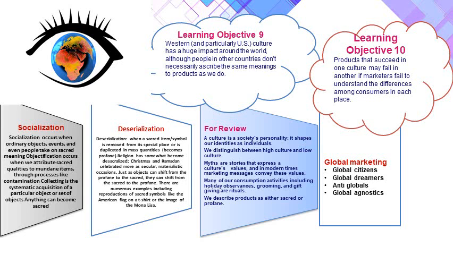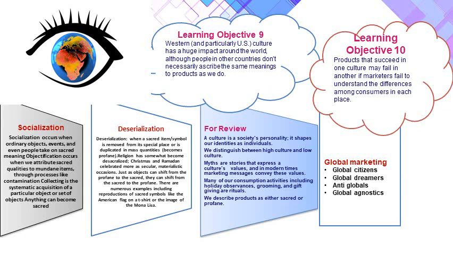Learning objective 10. A product that's successful in one culture may fail in another. Marketers fail to understand differences among consumers in each place. Global marketing segments: global citizens, global dreamers, anti-globals, global ecologists. Adopt a standardized strategy.